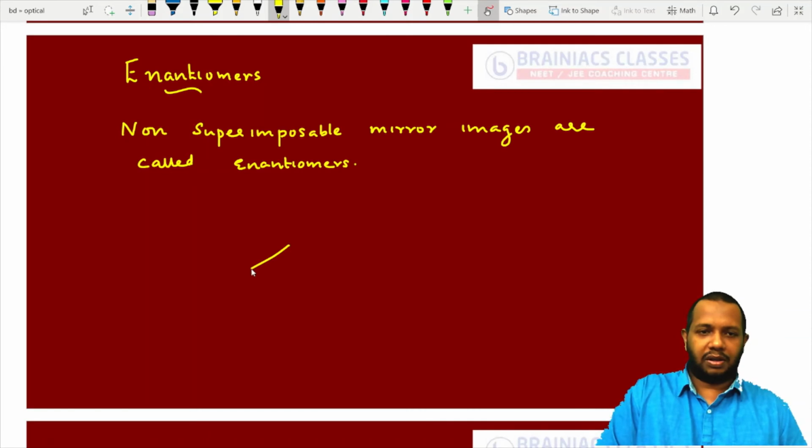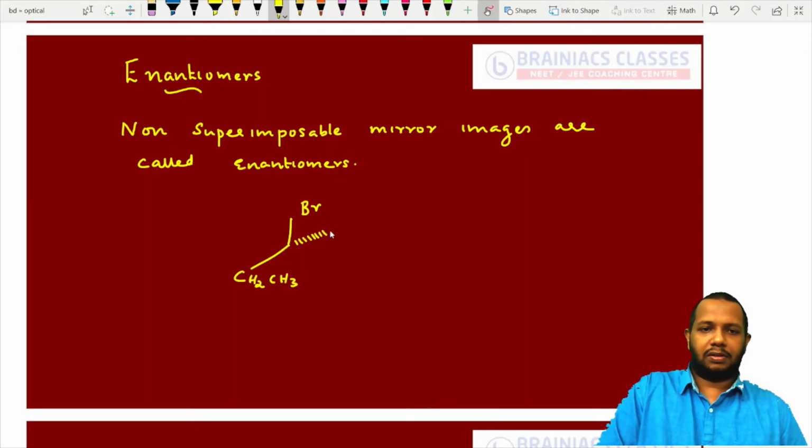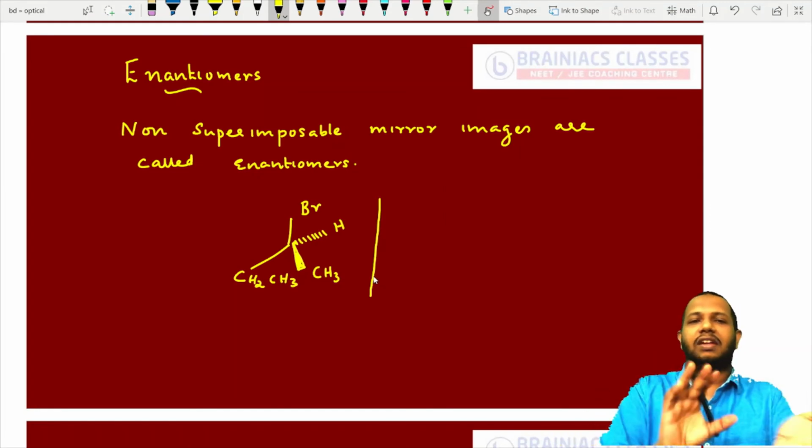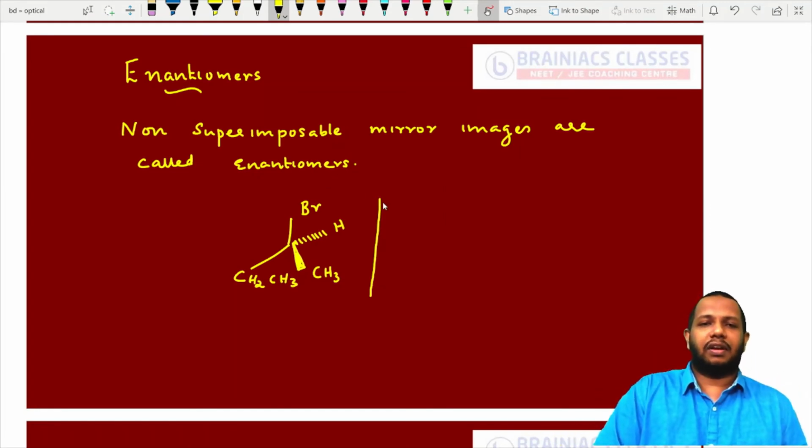Now, for example, I can represent this one. You have a wedge dash representation, CH2, CH3, and you have a bromine present here, and you have a dash present like this, hydrogen, and you have one of the wedges present here. Now you have CH3 present here. Now how will I draw the enantiomer of this one? Take the mirror image. We know that the mirror image will be a left and right inversion, not an upside down inversion. So if you take the mirror image, what will happen?